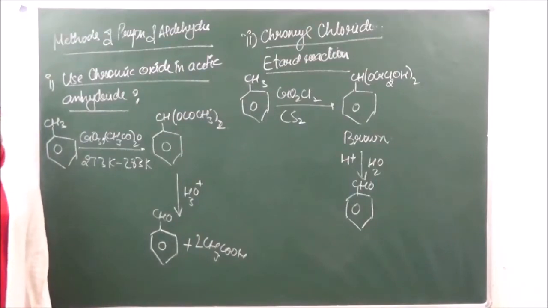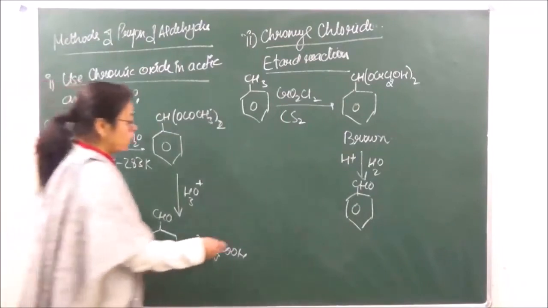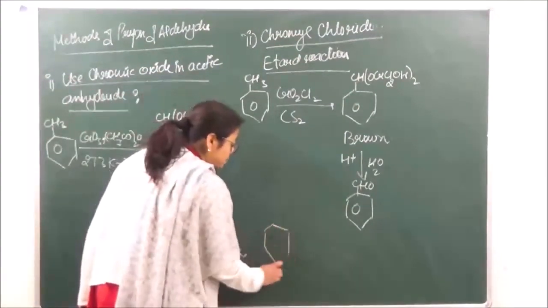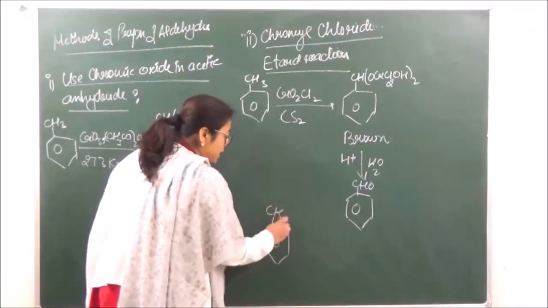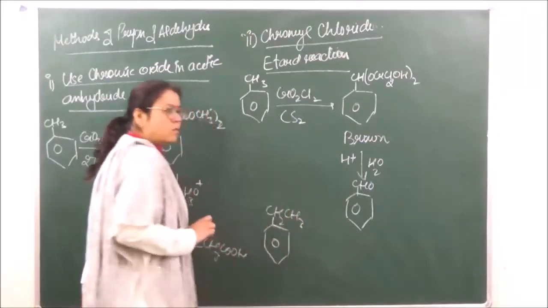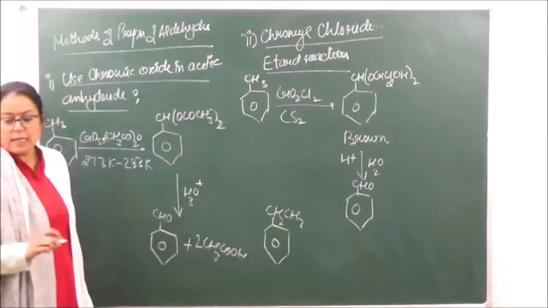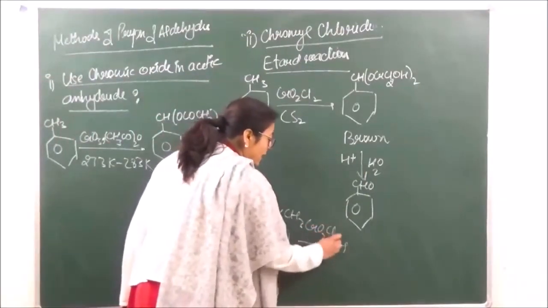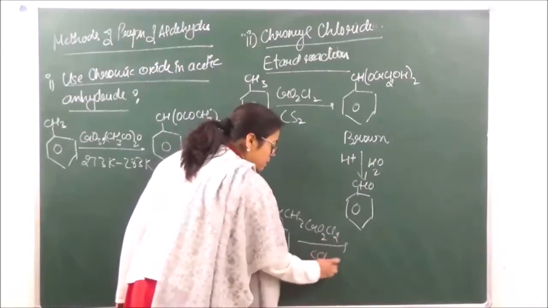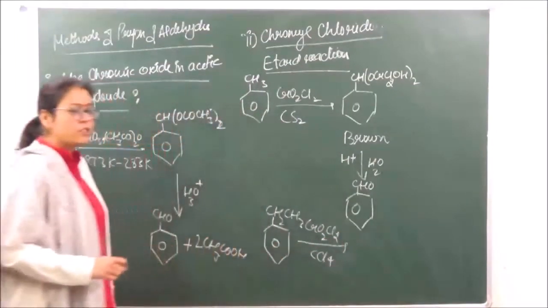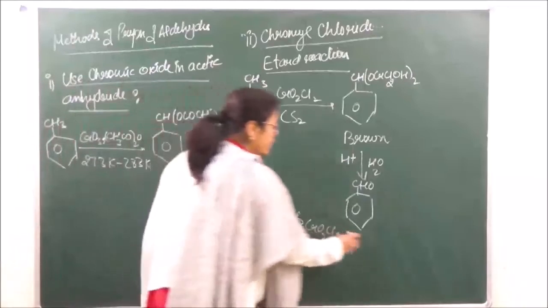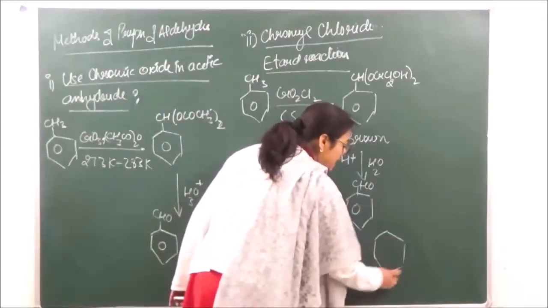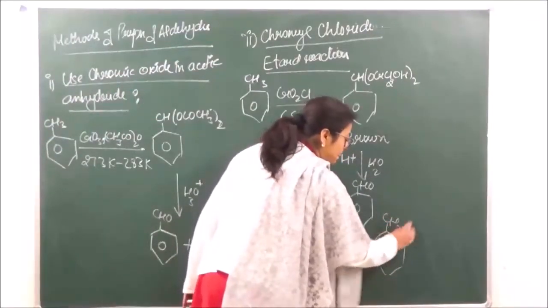Now, if we have a longer chain, meaning two carbon atoms present on the benzene ring, in the presence of chromyl chloride, and we take an inert solvent, which is CCl4, this is going to give us 2-phenyl ethanal.